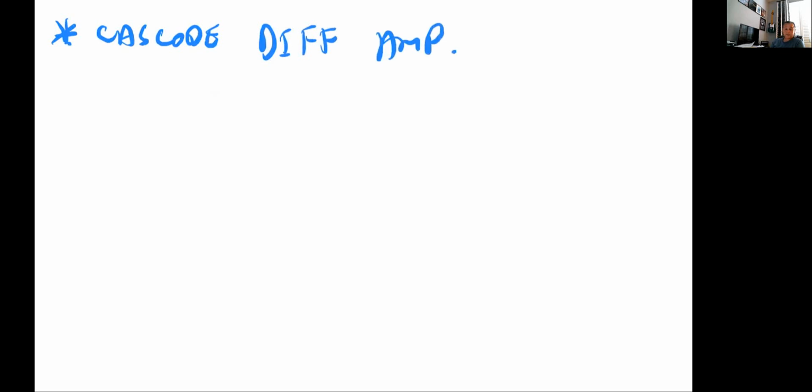So this is the cascode differential amplifier. Okay. And if you go back to the figure, for an amplifier of this nature, the gain is dependent on the output resistance that is seen at the node where the output voltage is taken.